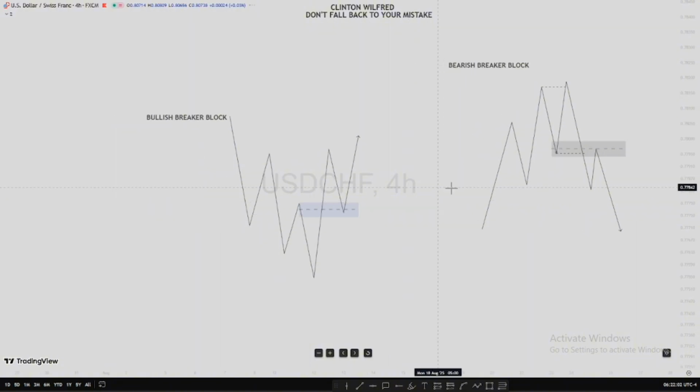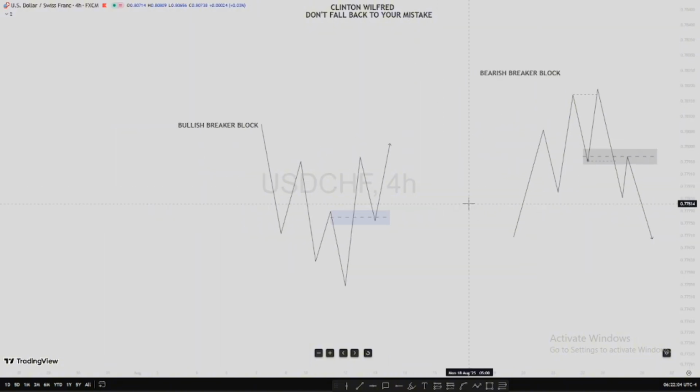On the bullish breaker, it's the same thing. Observe the short-term high that we had there. Let me give a scenario whereby this short-term high is our failed order block. Why? Because when we have a structure break to the downside, and price seeks liquidity there, most times you have another block at this level.